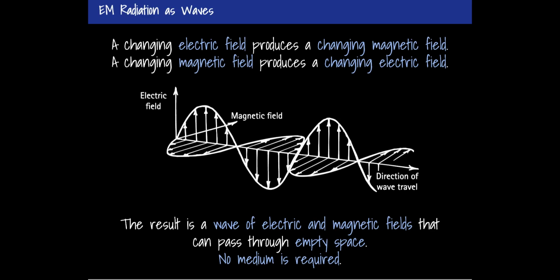Because in a sense, and I'm not wild about using this vague terminology, the electric field is feeding off the magnetic field, and the magnetic field is feeding off the electric field, and a consequence of that is that electromagnetic waves are self-sustaining. They don't need any kind of medium. They pass through empty space, which is critically important to biology.